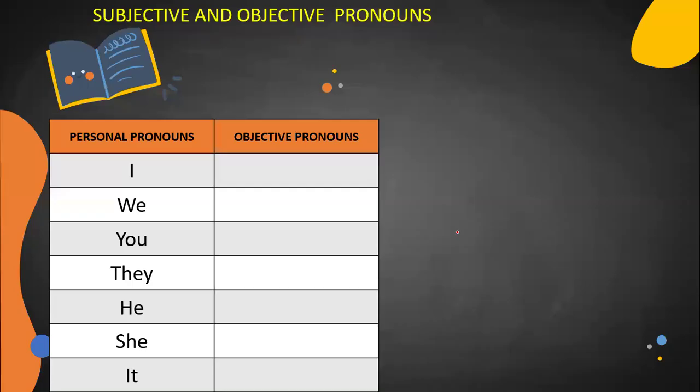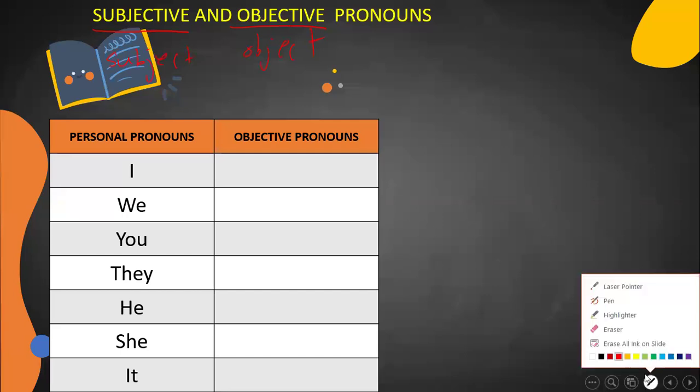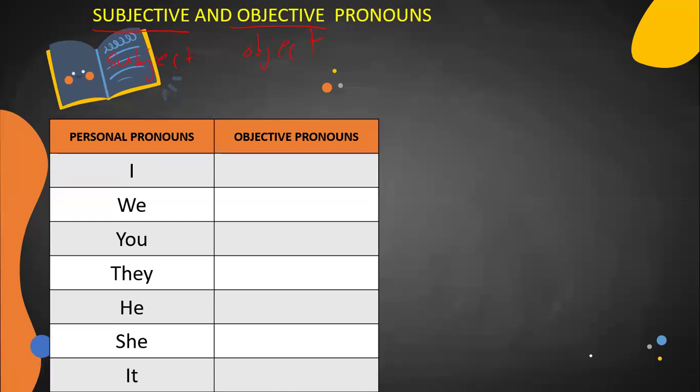Now, what is the meaning of subjective and objective pronouns? The subjective pronouns are the ones that take the place of the subject. And the objective pronouns are the ones that take the place of the object. Great.